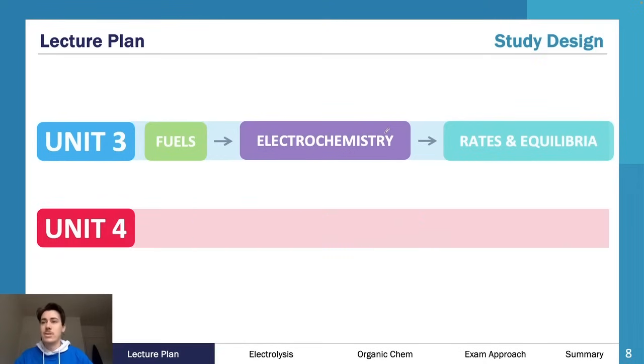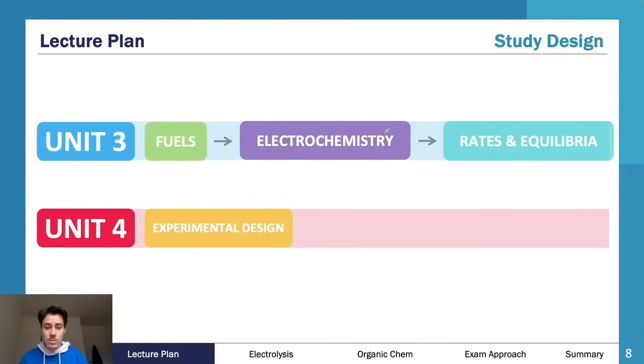Unit 4, how does chemistry explain life? So this is what we're about to start. So experimental design is technically part of Unit 4. I know a majority of the students that I speak with regularly have already done their poster practical or their practical report. That was once they finished their area of study 2 for Unit 3. So once they finished rates and equilibria, they moved into it. If you haven't, that's okay.